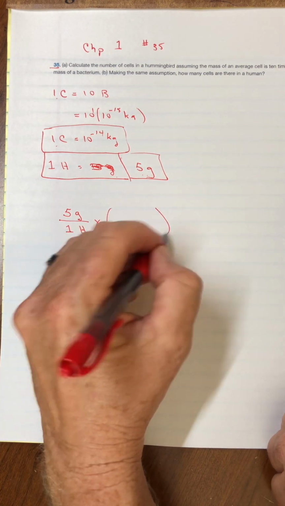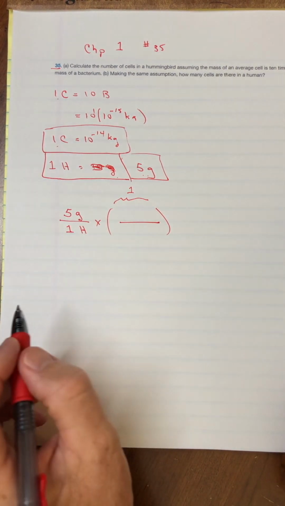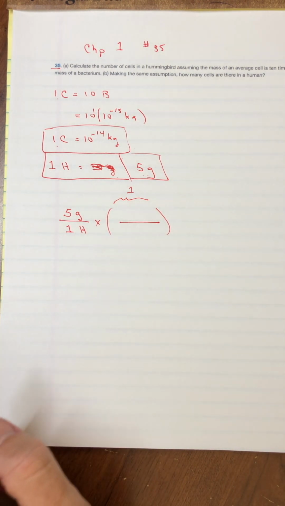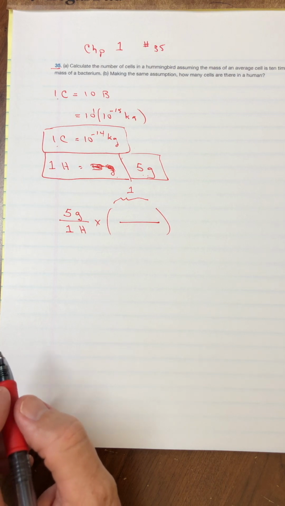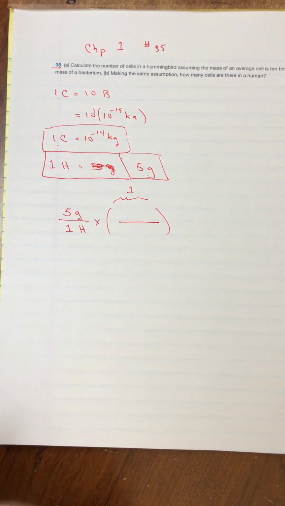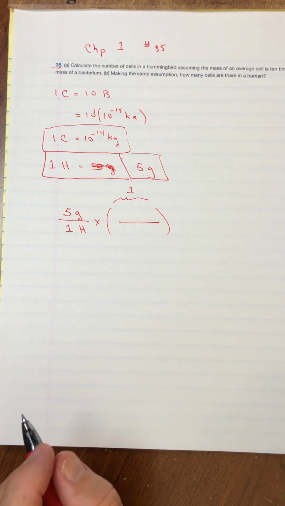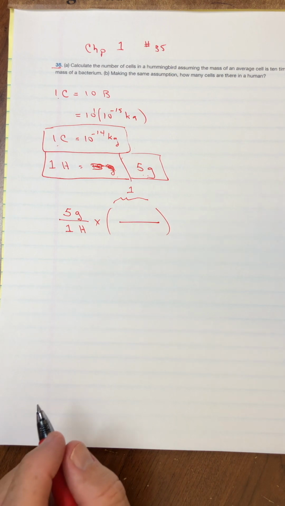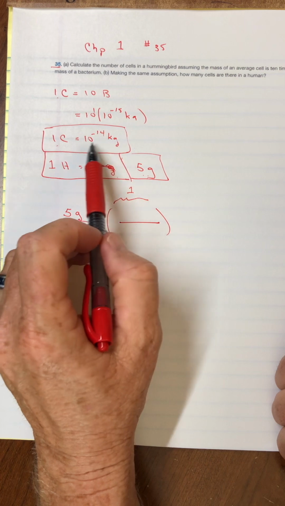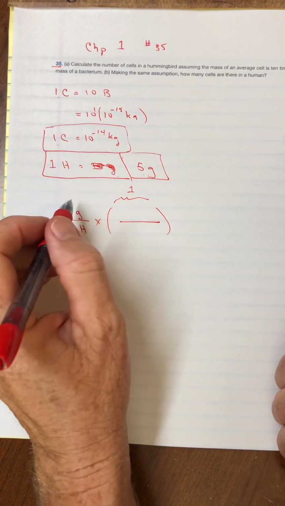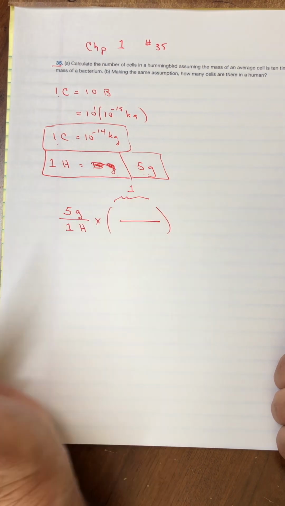And so this is where I say kind of this magic happens, where we have to do some unit conversion. We want to switch from whatever units we have, which in this case is grams per hummingbird, to the number of cells, okay? And kind of heading in that direction, knowing here, of course, this is in kilograms, maybe the first thing to do is to say, why don't I take this gram and convert it into kilograms?